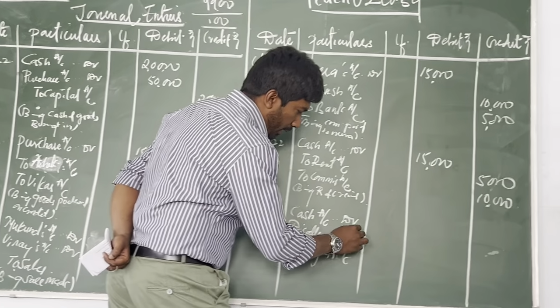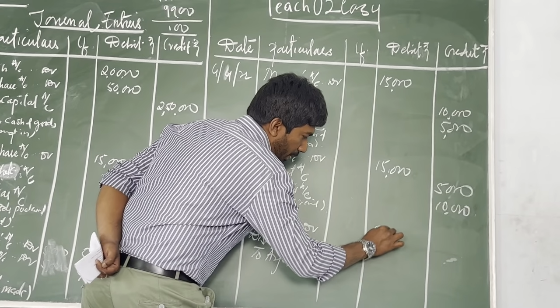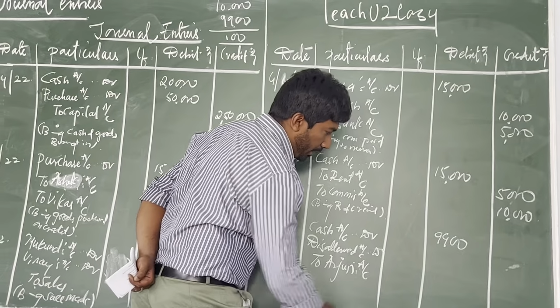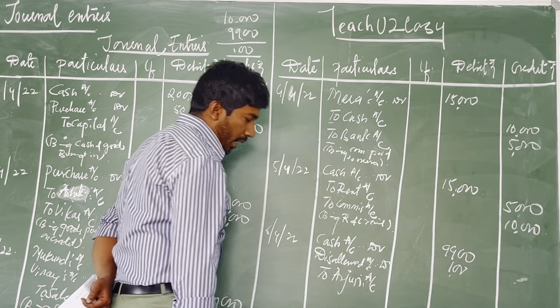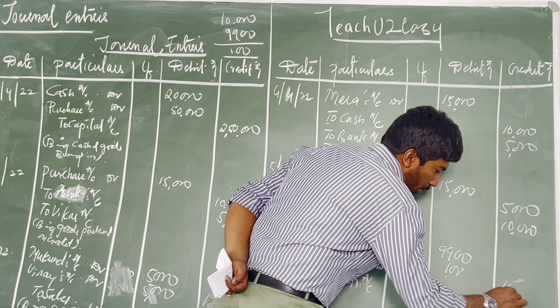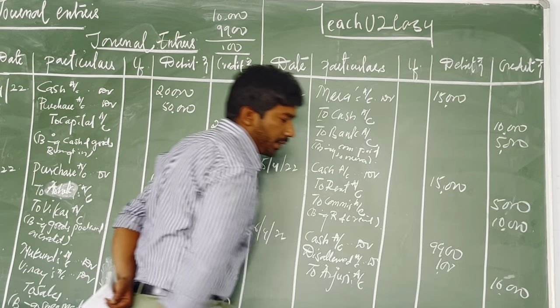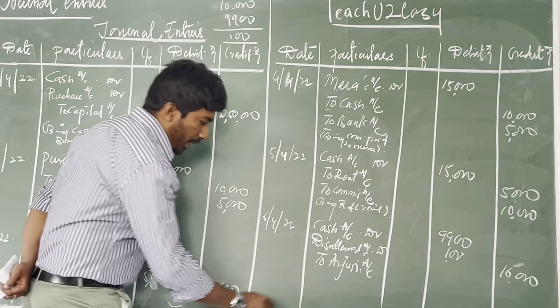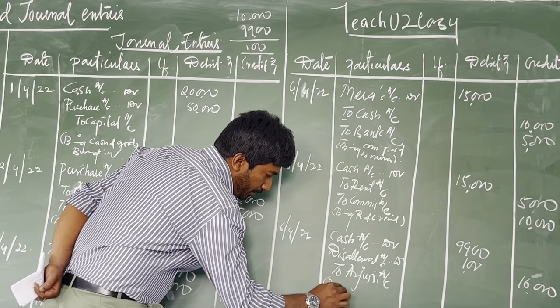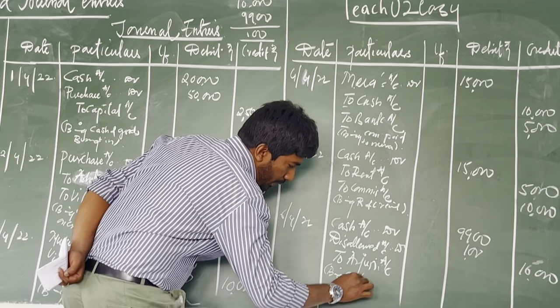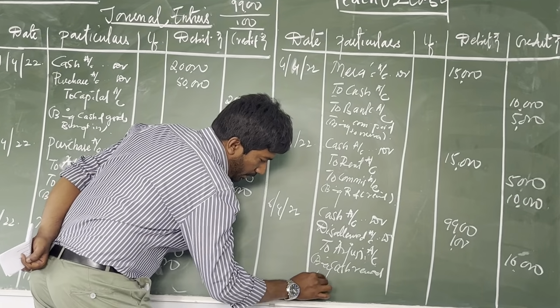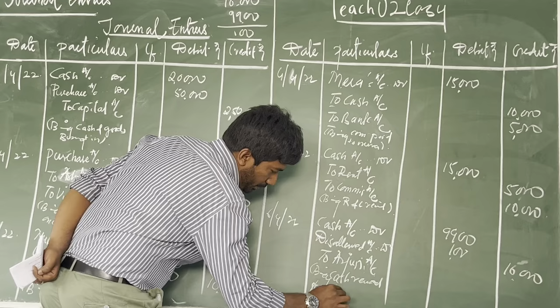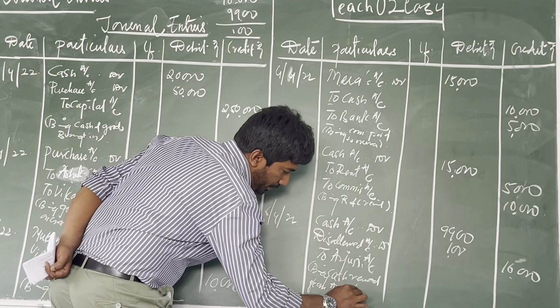So totally we are receiving cash as 9,900, and we are allowing 100 rupees as a discount, and the total amount we needed to receive was 10,000 rupees. So you can just write being cash received from Arjun in full settlement.